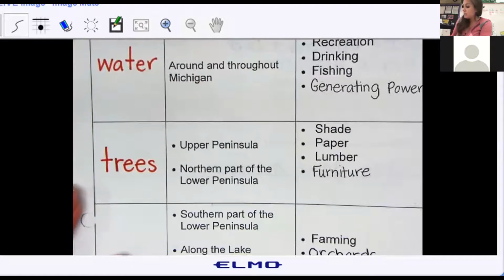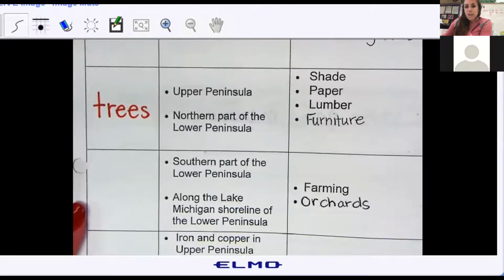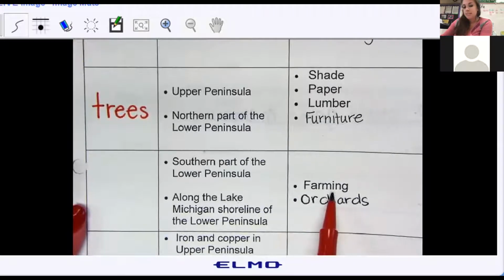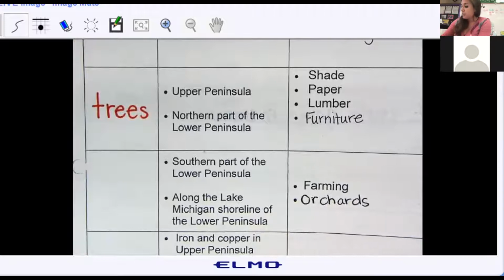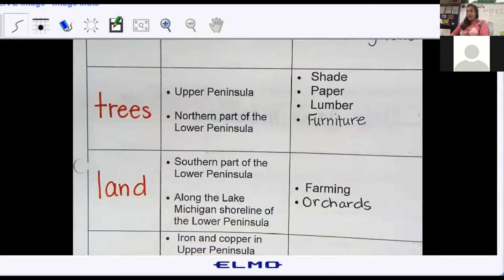All right, let's try the next one. What natural characteristic do we use for farming and to grow things like trees, which can make orchards and forests? All right, so that is going to be land. We use our land, we use our ground for that. The other two might be a little more confusing because we haven't talked about that as much.